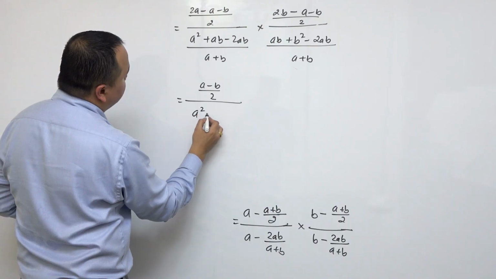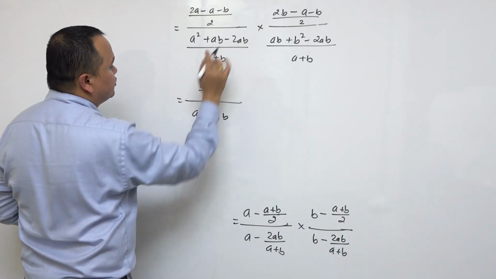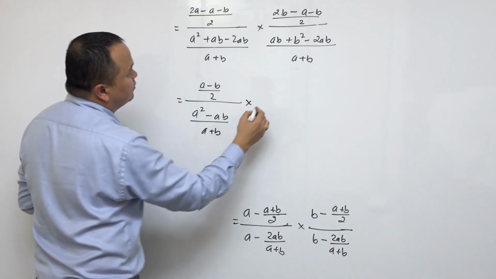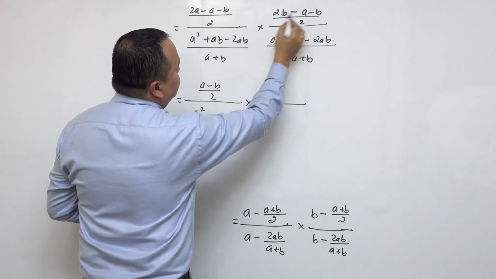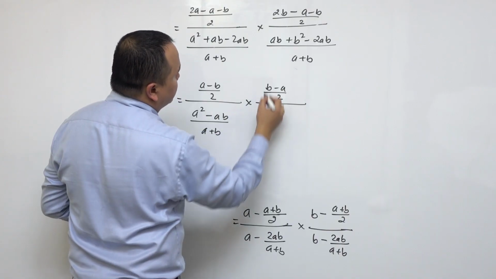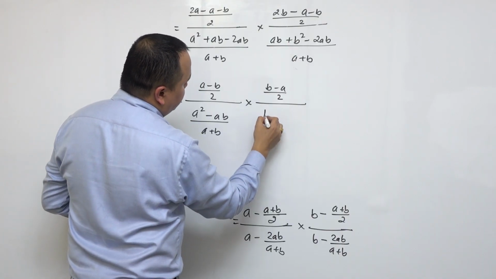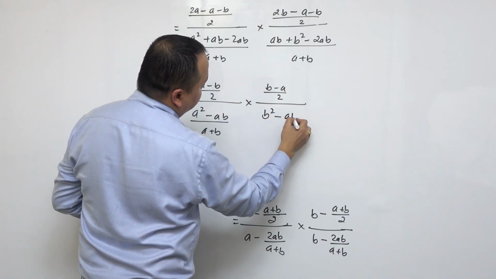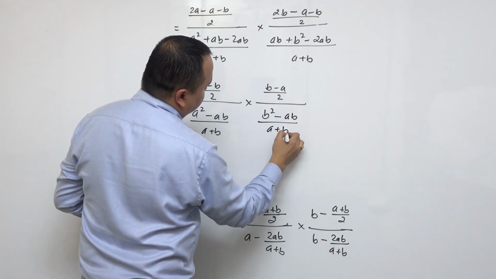Similarly, a square plus ab minus 2ab upon a plus b, into the 2b minus b, the b minus a divided by 2, b square plus ab minus 2ab upon a plus b.